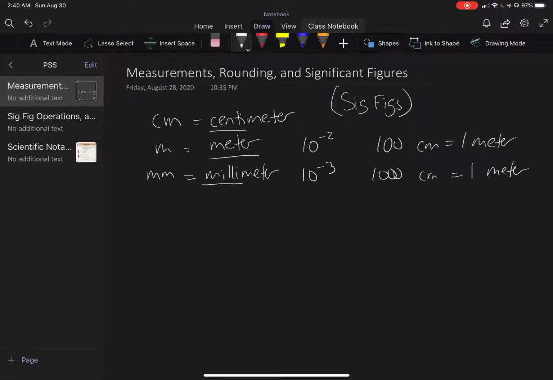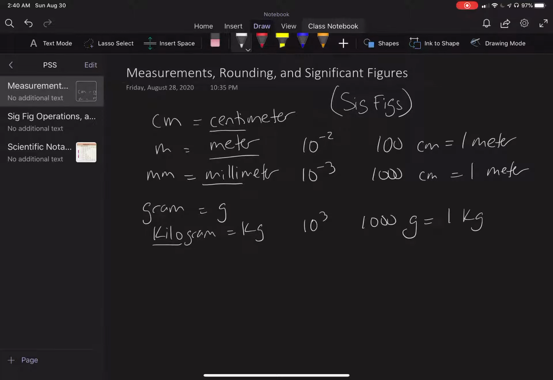Now for mass, we will commonly use the gram, which is abbreviated with a lowercase g, and then we'll also use kilogram, which is kg, and the kilo part is 10 to the third. So that tells us that there's 1,000 grams in 1 kilogram.